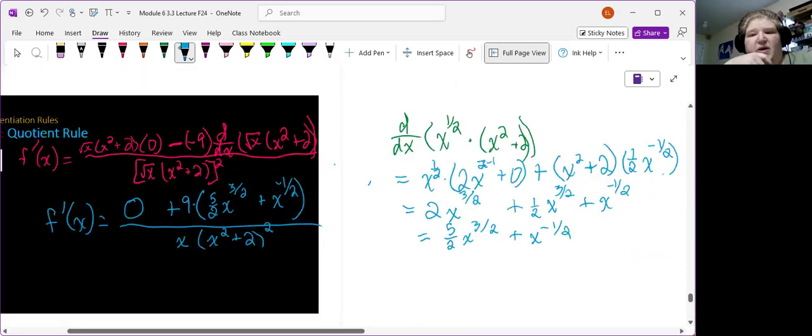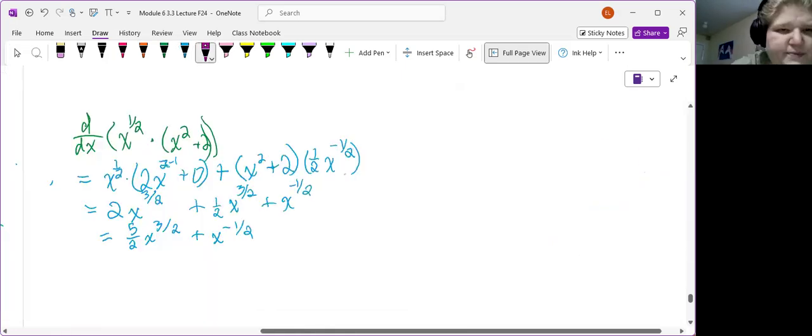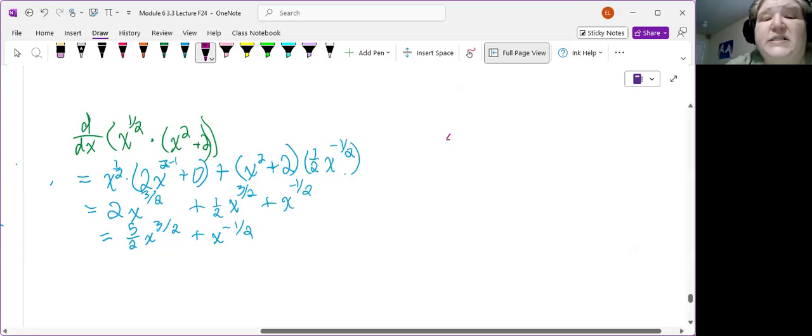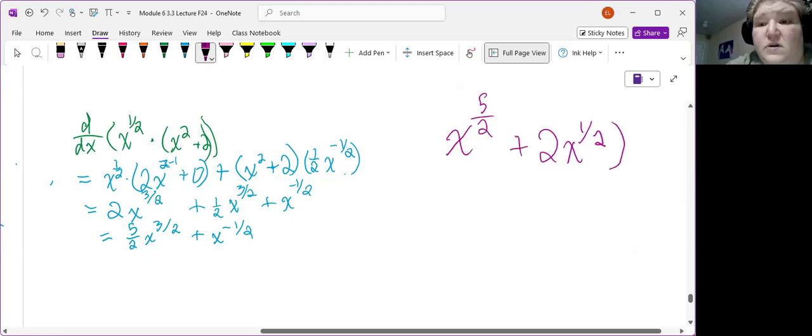Now, for comparison's sake, way over here, that top thing, remember I said we could also multiply through? So x to the 1/2 times x squared becomes x to the 5/2 plus 2 times x to the 1/2. So that is still just what the denominator equals. But now when we do the derivative, we don't have to do the whole product rule.